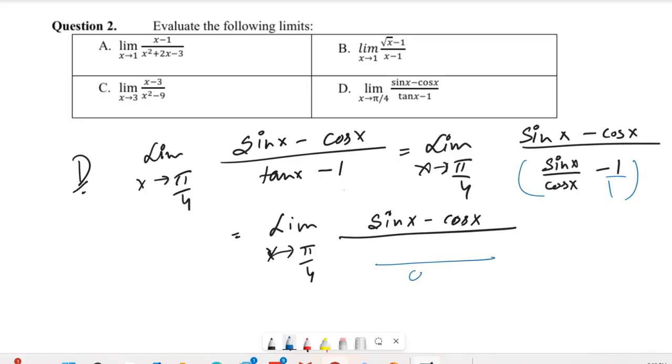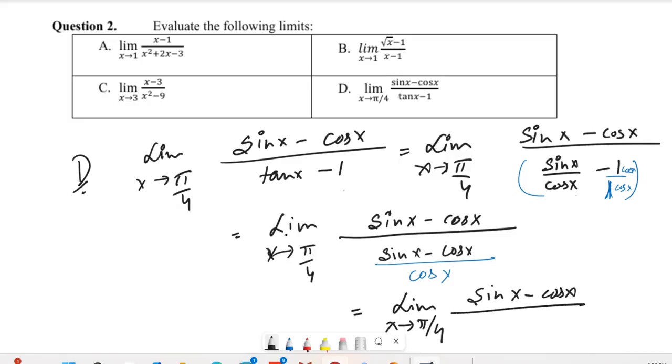I need to have a common denominator, which is cosine x. To make this 1 into cosine x over cosine x, I'll have to multiply it by cosine. So this will become sine x minus cosine x, over cosine x.